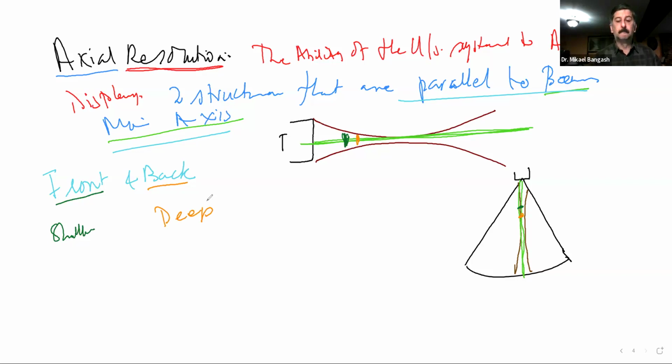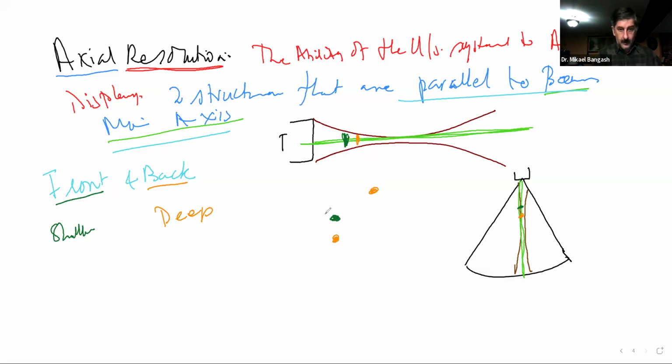Did you guys get that? So if we are scanning two structures, let's say they were located like this, one at a shallow depth and one at a deeper depth, or one in the front and one in the back. Clear, okay?